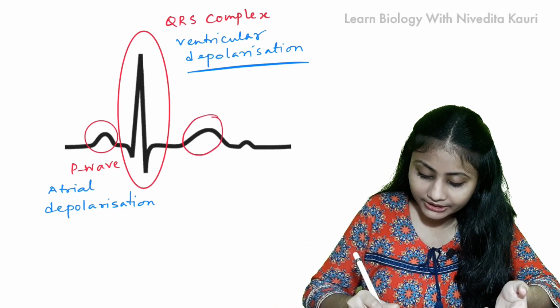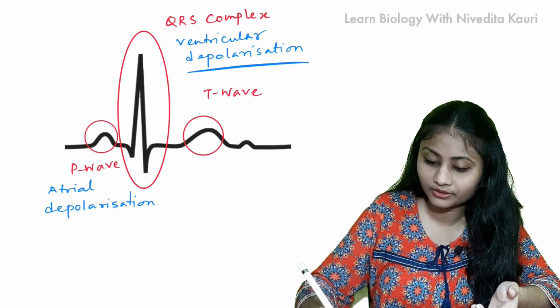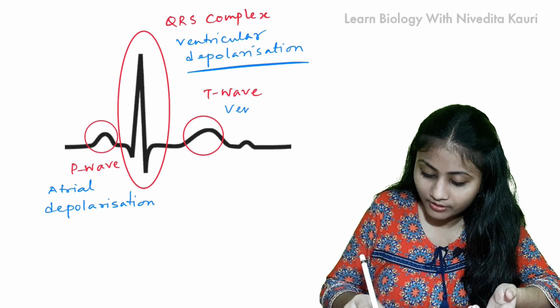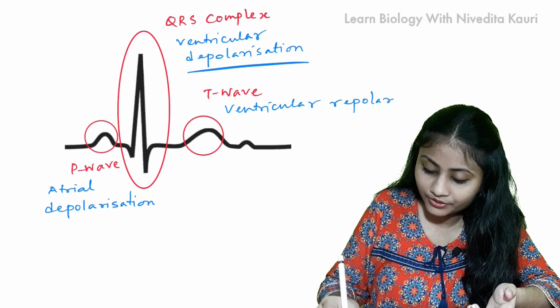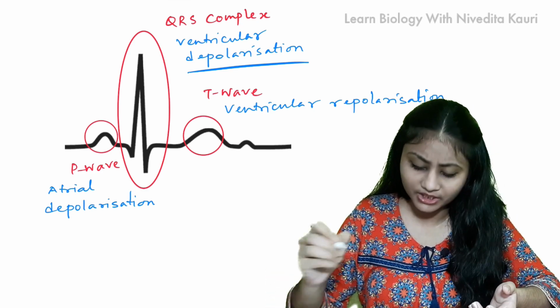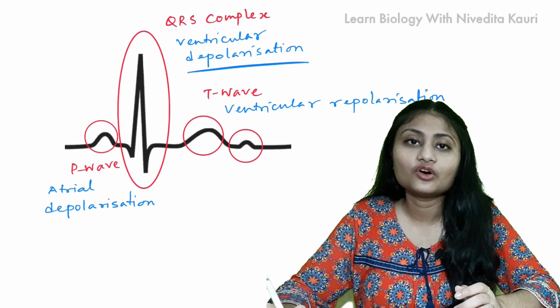Next, this wave is the T wave. It represents ventricular repolarization. Can you see a tiny wave here? It's not a constant wave.